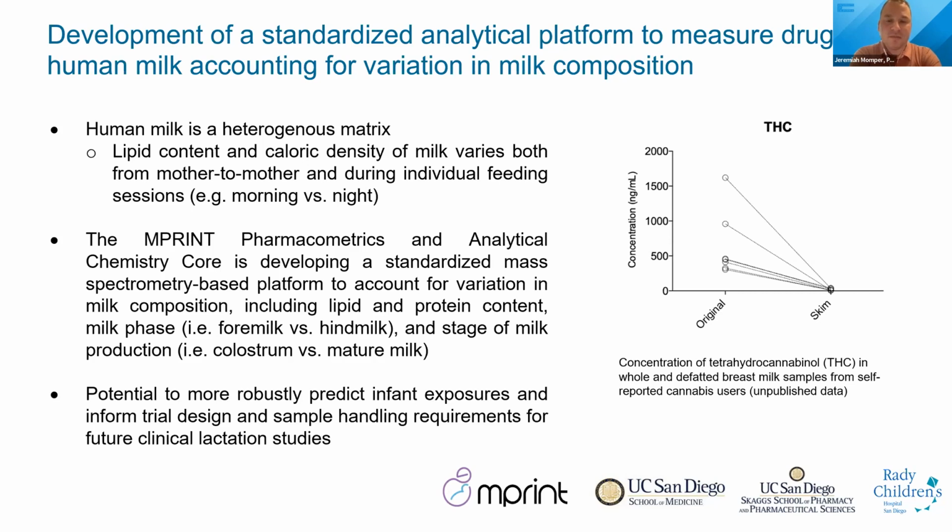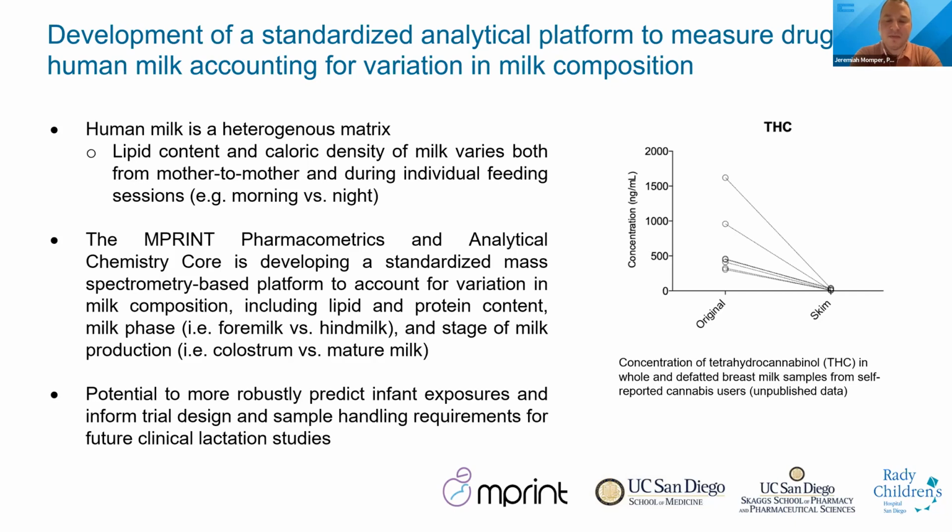Just one basic example, we recently measured the concentration of THC, tetrahydrocannabinol, in self-reported cannabis users, lactating women who were reported cannabis users. And you can see on the right-hand side, the concentration of THC varied significantly, and it did depend upon the fat content of the milk.